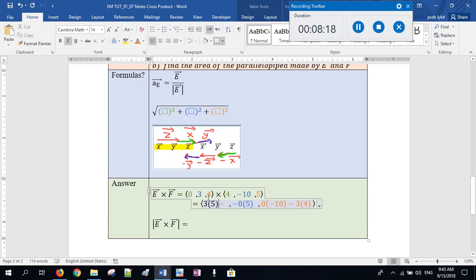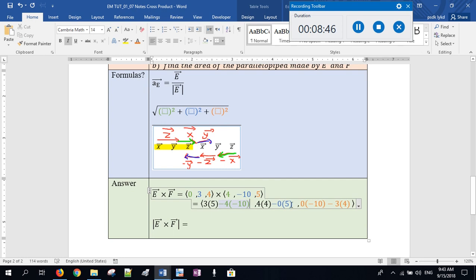Now the z into x will give positive ay. 4 into 4, positive ay here. 4 into minus 10, z into y will give minus ax. Here minus ax, 4 multiplied by minus 10.